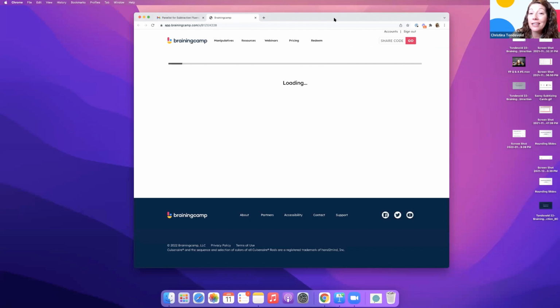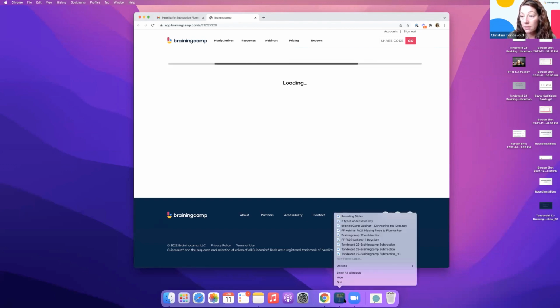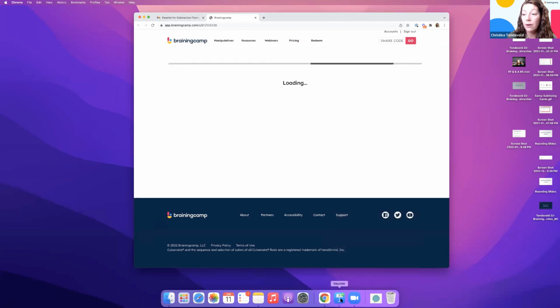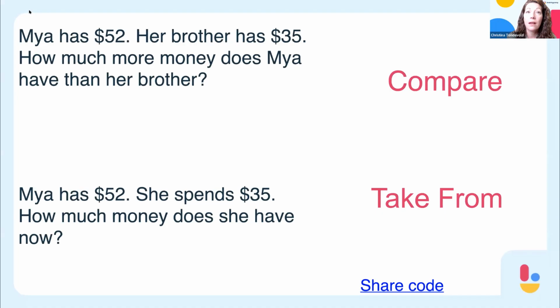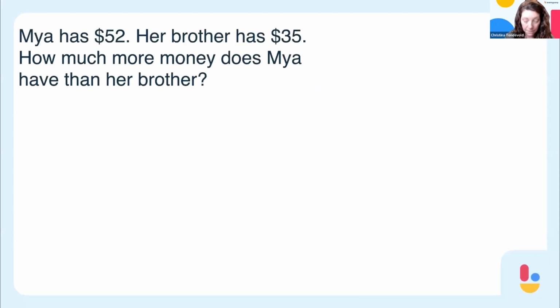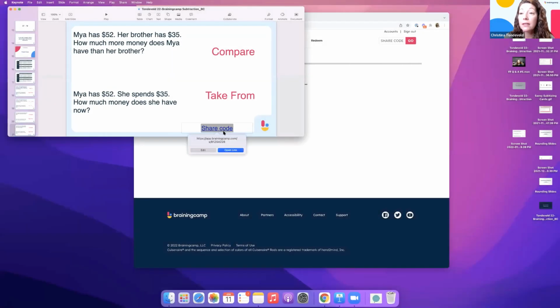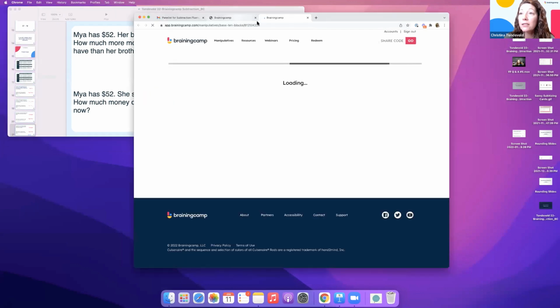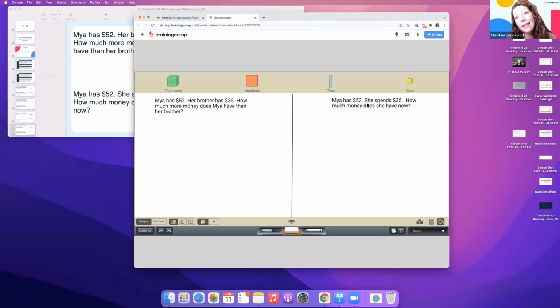But we're going to do it slightly different because we're going to actually go live with each other. And so I need to give you the live code if my computer will cooperate. Not sure why it's just sitting there loading. Okay, there we go.